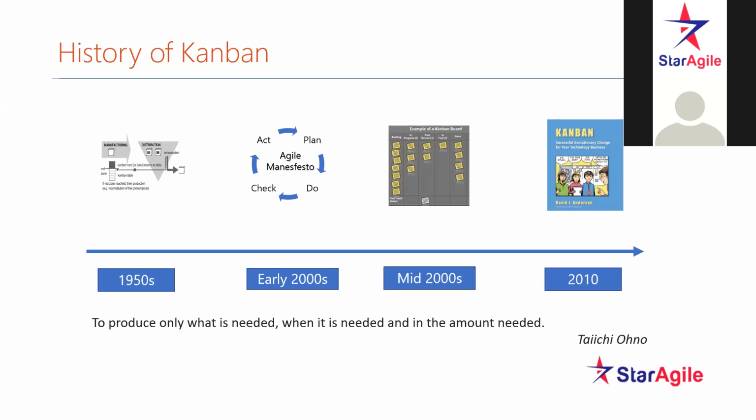Then this became famous, and in the early 2000s, the software industry was also moving away from traditional development towards more agile ways of working, which got formalized in the Agile Manifesto in the early 2000s. There were multiple agile methodologies upcoming.